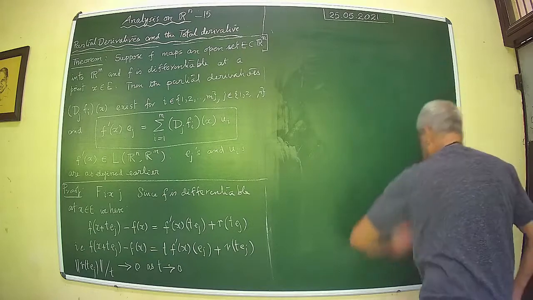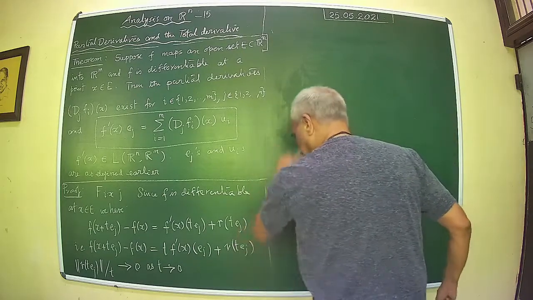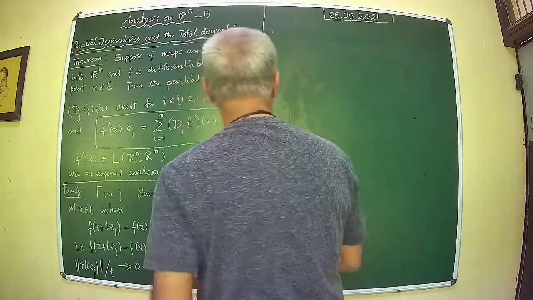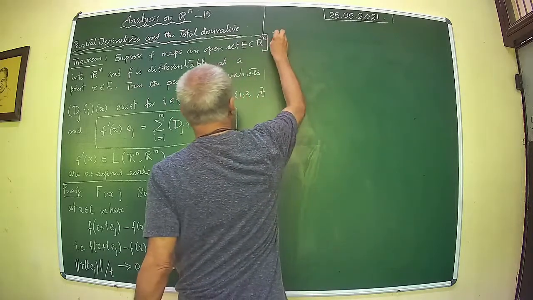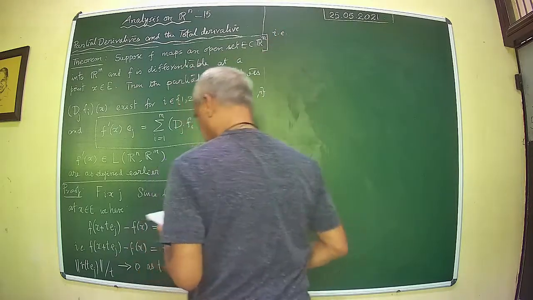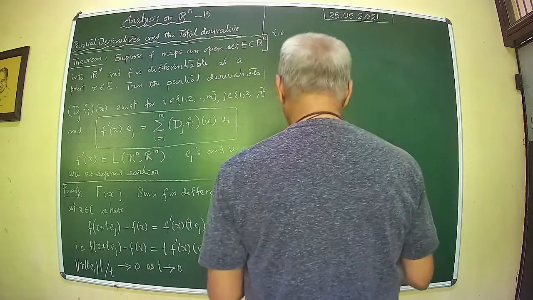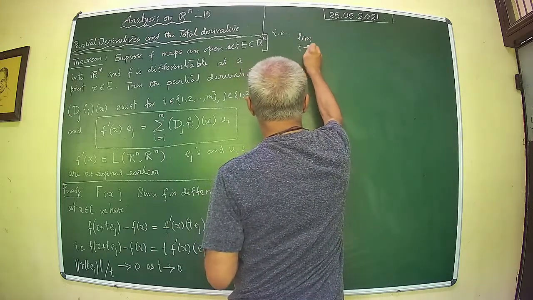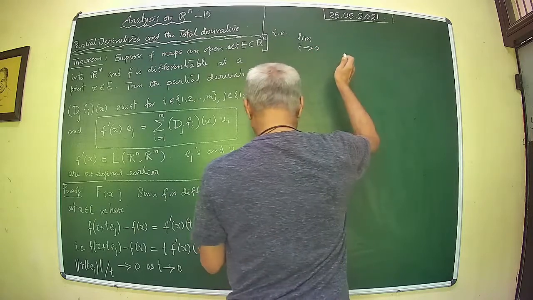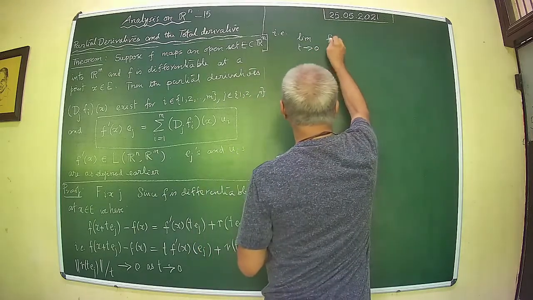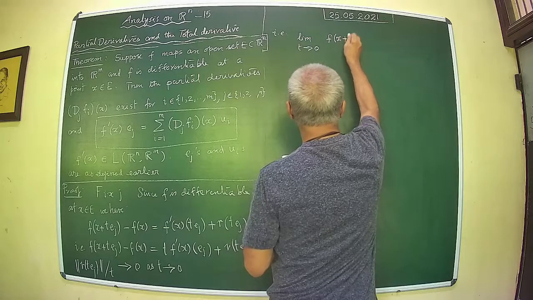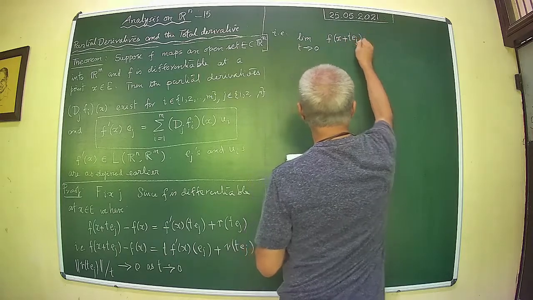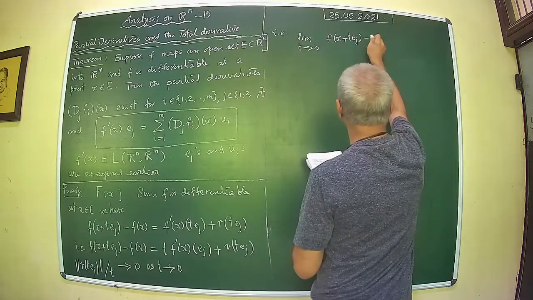Therefore, what it implies is the following. That is, what we have is this limit as t goes to zero of f of x plus t e_j minus f of x.